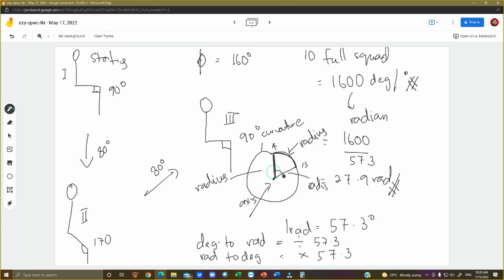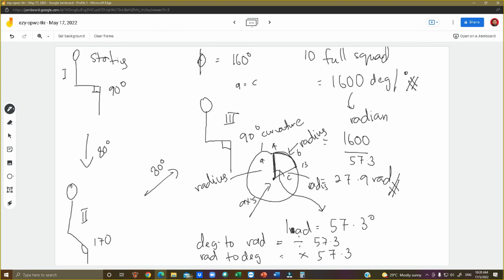Okay, at an angle of 57.3, radius A, radius B, and radius C, okay, A equals to B for sure, A equals to C for sure. Okay, kalau jarak dia. Kalau ini 10 cm, ini memang 10 cm. Mana boleh jadi lain kan?